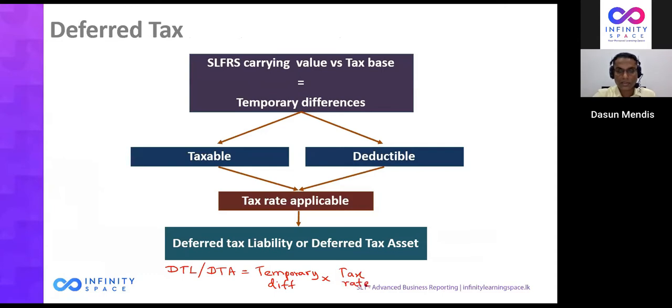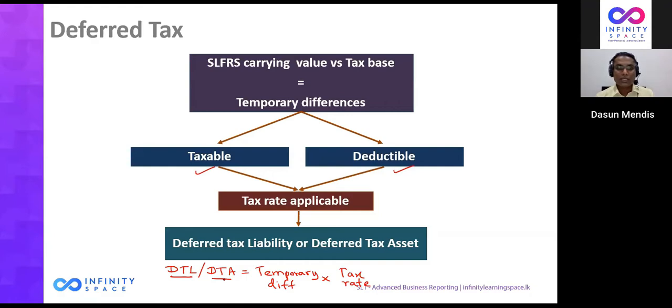So in Sri Lanka, the tax rate is 28%. Right, some time back, now it has been changed. So whatever the tax rate you have, you multiply it by the temporary difference. Then you get the deferred tax liability or deferred tax asset. If the temporary difference is a taxable temporary difference, then it's a deferred tax liability. If the temporary difference is a deductible temporary difference, it's a deferred tax asset.